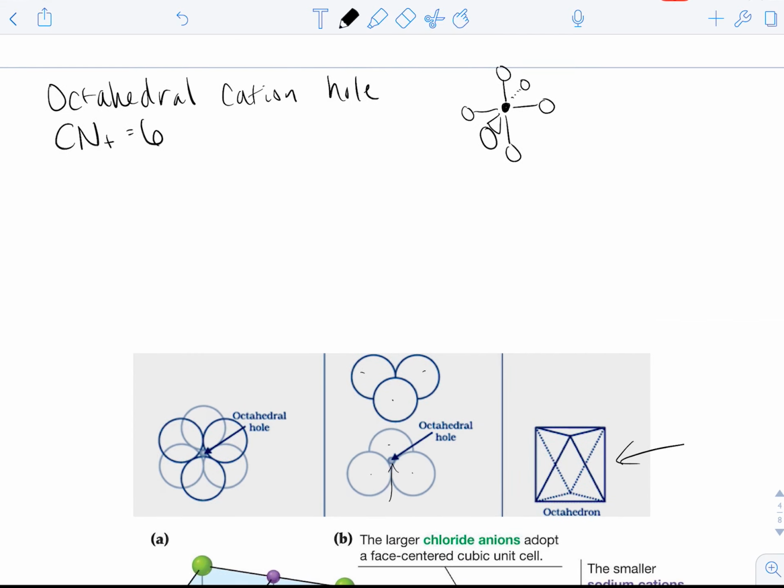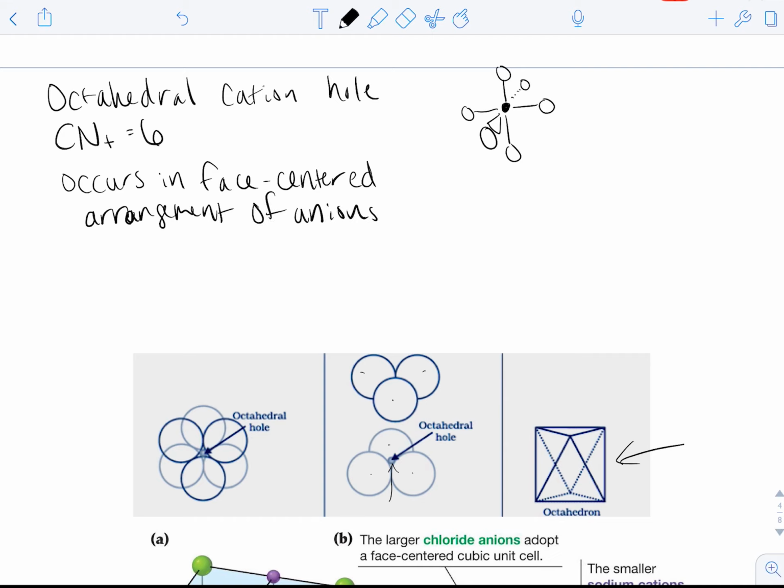So this occurs specifically in face-centered cubic arrangements of anions. Our anions are forming a face-centered cubic, and if you're not sure which ones your anions are, they're going to be the ones on the corner.